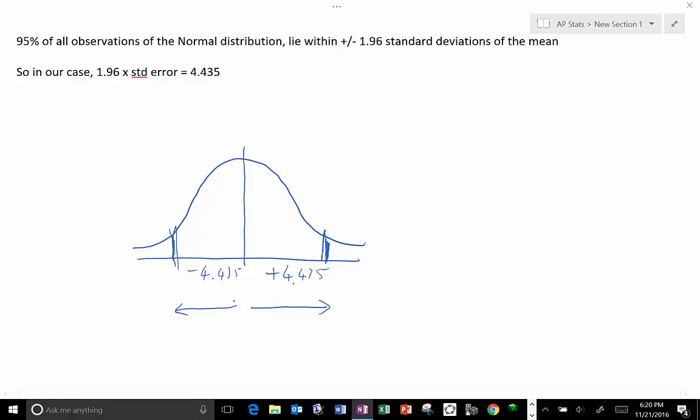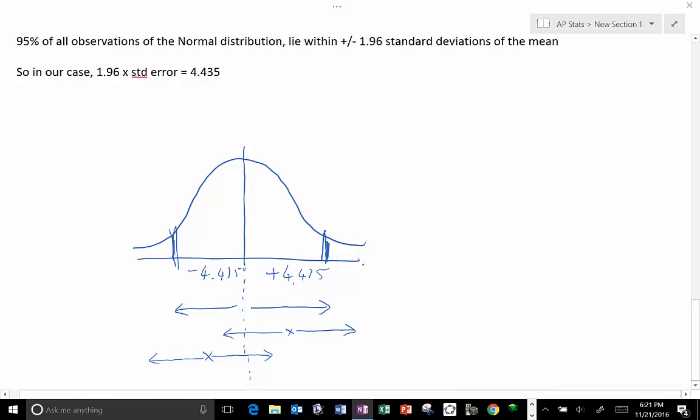So, if we construct this same interval around our observed sample mean, suppose we have our observed sample mean there, and we construct plus or minus 4.435 around it, or perhaps it lay here and we construct plus or minus 4.435 around it, then both of these will create an interval which captures the true mean.